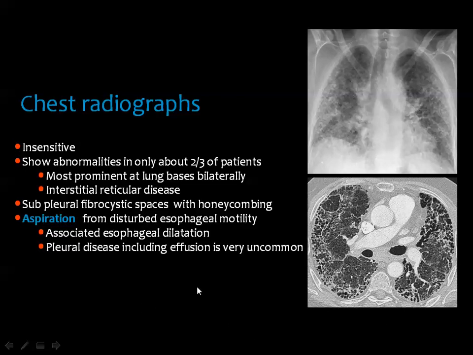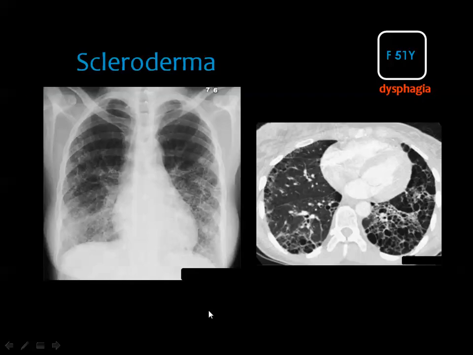Because the disease affects the gastrointestinal tract, it usually results in motility disorders leading to a dilated, dysmotile esophagus, which appears on the radiograph as esophageal dilatation, and it may contribute to aspiration pneumonia in some of these patients.